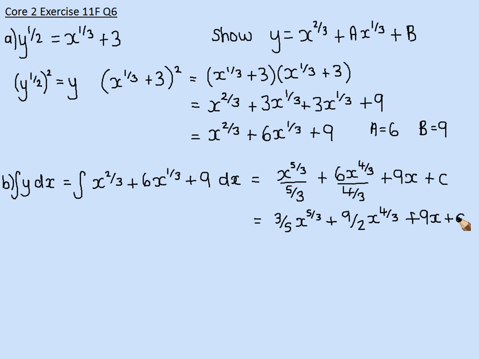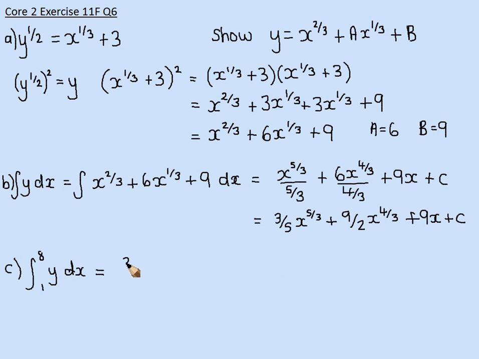Now C says, using your answer from part B, determine the exact value of the integral between 1 and 8 of y with respect to x. Now we've already performed the indefinite integral, and we've got this. So what we've got to do is take this and evaluate it between the limits.